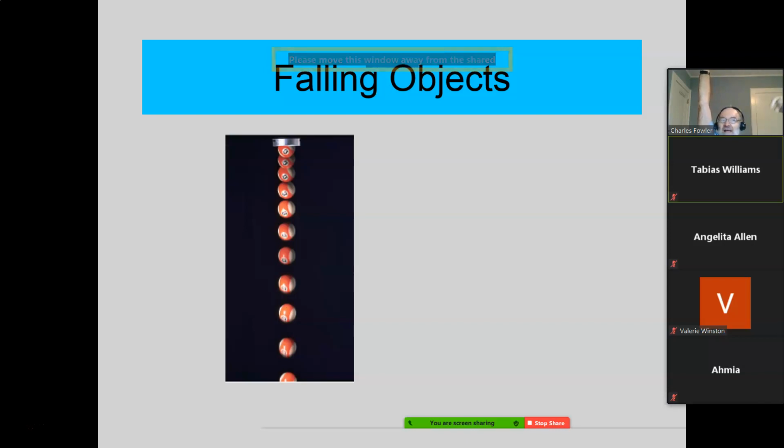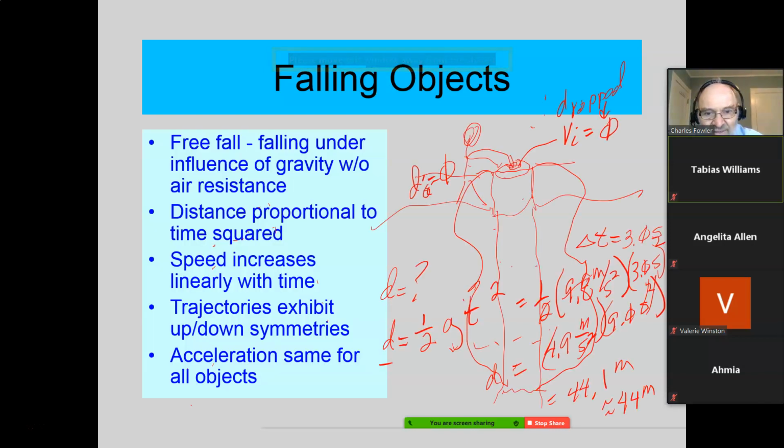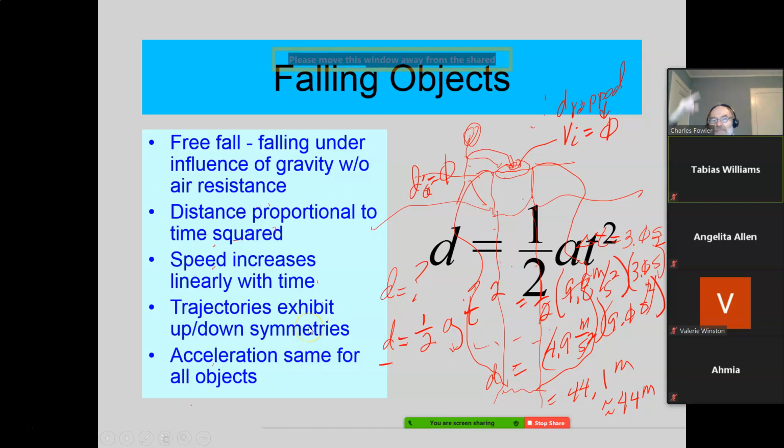Gravity now is still acting on it, and remember they said this thing? Acceleration is the same for all objects, whether they're going up or down. Trajectories exhibit up and down symmetries. So once that bullet's up there, at that maximum height, way up there, then it starts falling back down. And if you fired it straight up, guess where it's heading when it comes straight down?